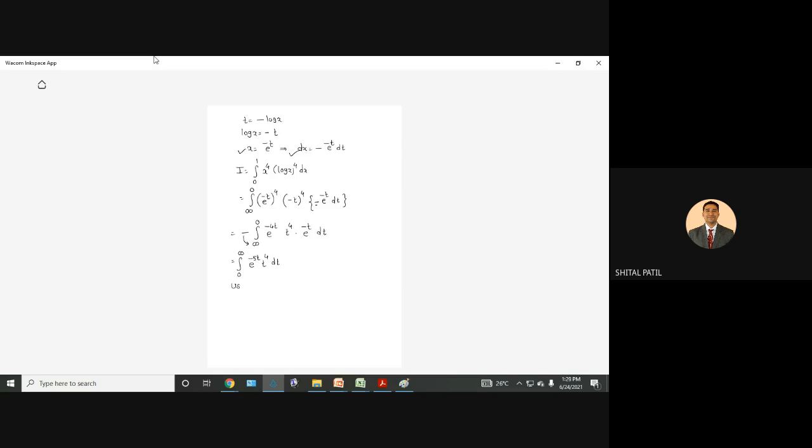Now let me use this formula: gamma n divided by k raised to n. Before some time we wrote the formula. So what is k here? e raised to minus kt, e raised to minus 5t, so k equals 5. The power of t is 4 here, and in the formula it is n minus 1.